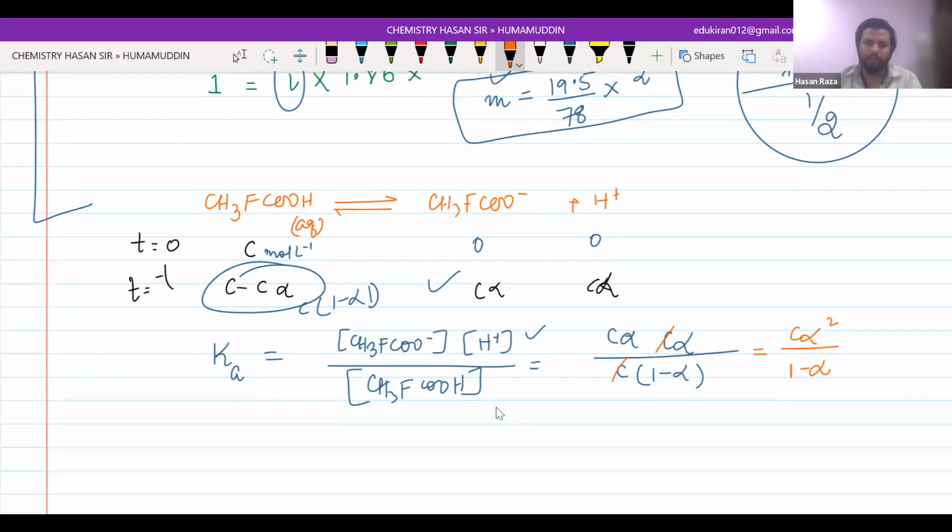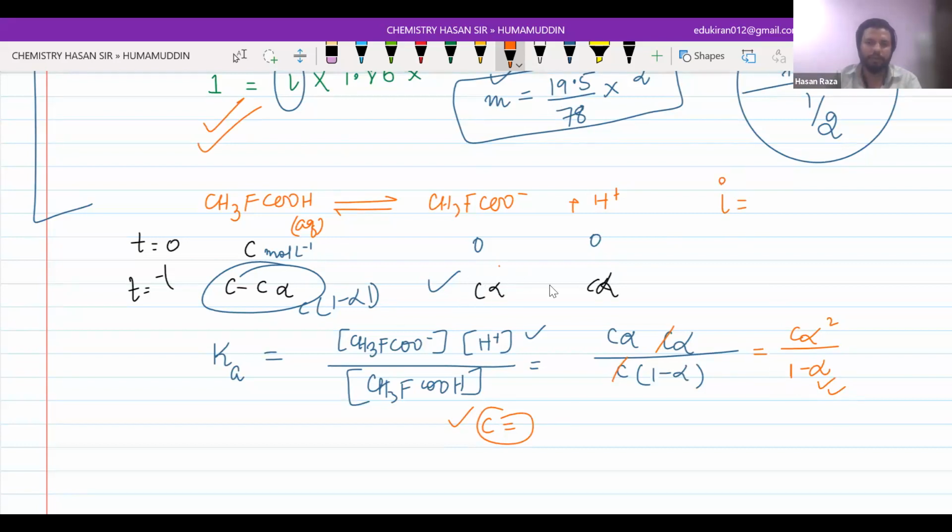Now you can easily calculate the value of C. C is molarity, and from the information given, number of moles upon volume of solution, you can easily calculate C. Now how will you get alpha? Alpha is very easy to calculate, since i is equal to moles after dissociation divided by initial moles.